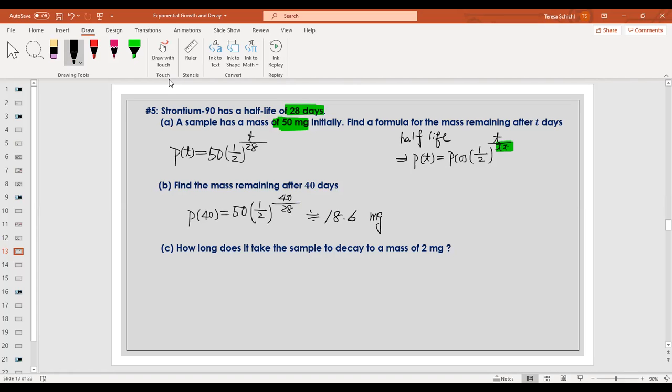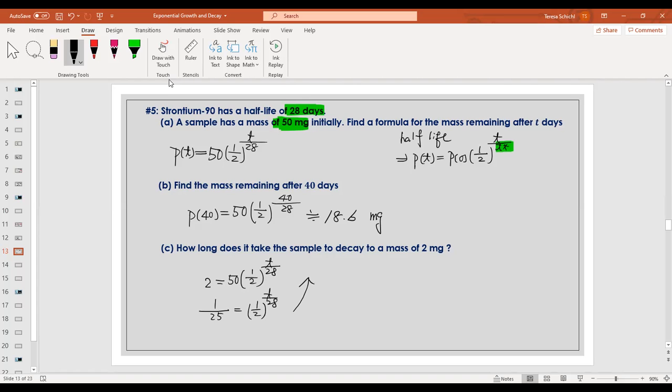Okay, so part C asks how long does it take the sample to decay to a mass of 2. That means 2 is going to equal 50 times 1/2 to the t over 28. So divide by 50 on both sides, and you will get 1 over 25 is equal to 1/2 to the t over 28.